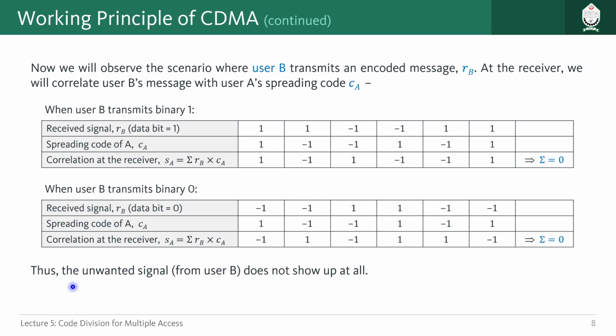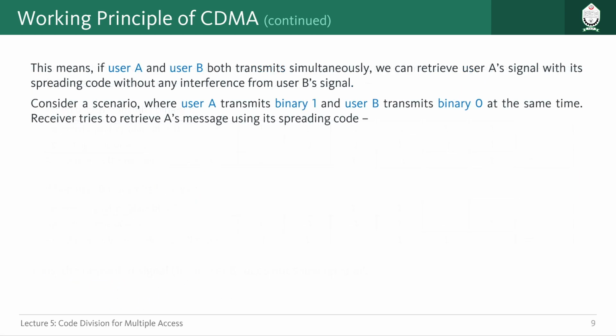So why are we calling this the unwanted signal? Because let us say in a scenario both user A and user B are using the same channel at the same time, so they will transmit two signals simultaneously, right? So what will happen if I want to retrieve one of the signals from that? Will the other signal cause some kind of interference?